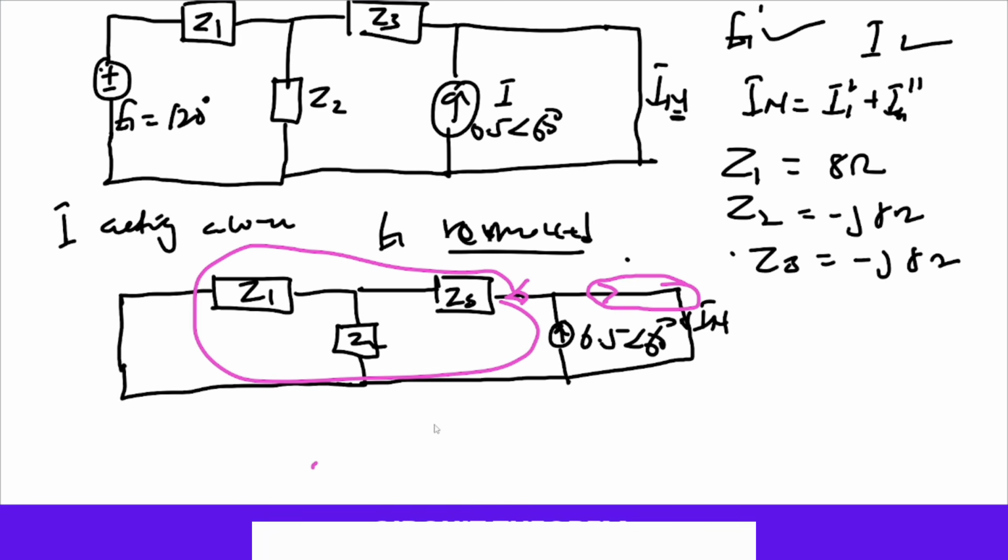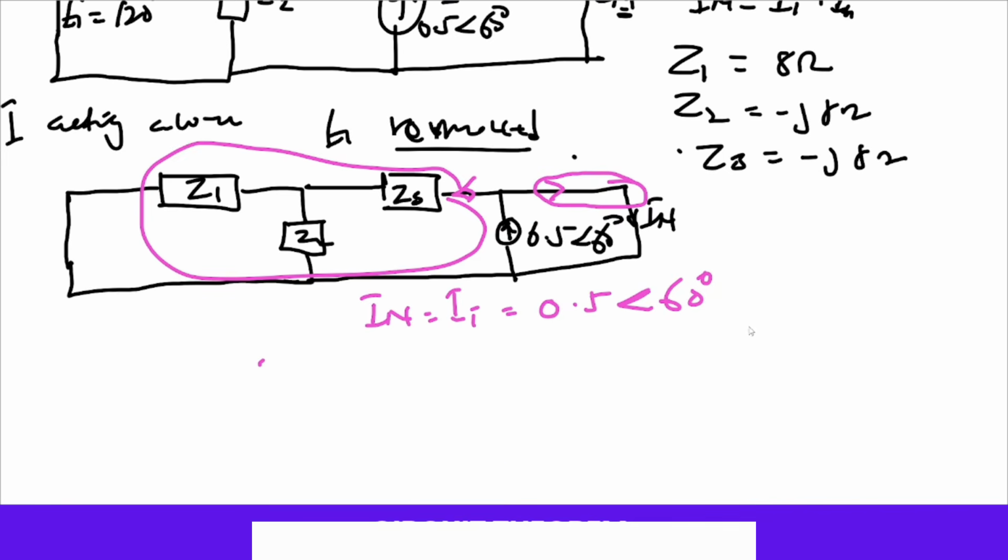So we can say that IN is the same as the total current that is going to share, and that is giving us 0.5 angle of 60 degrees. So we can see that when I is acting alone, I prime is given by 0.5 angle of 60 degrees.